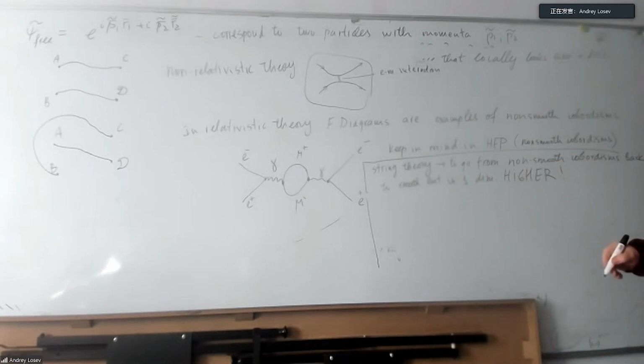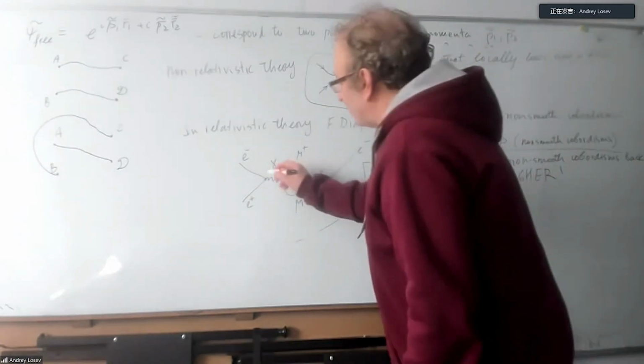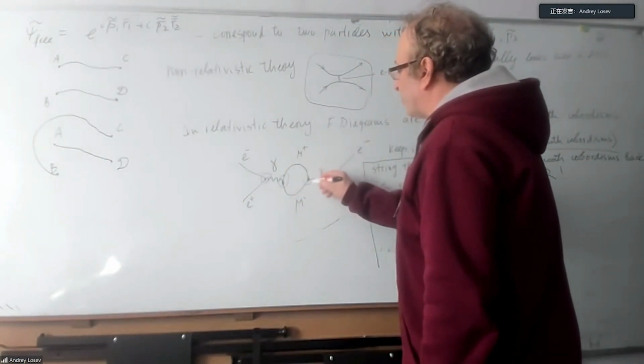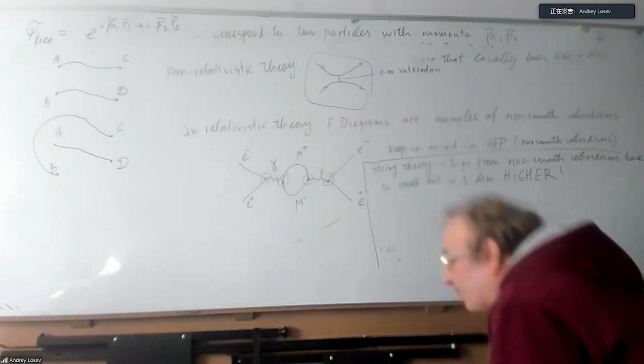Okay, exclamation mark. So this is something non-smooth. This is not a piece of the manifold. This is not a piece of the manifold. How can we make it smooth?